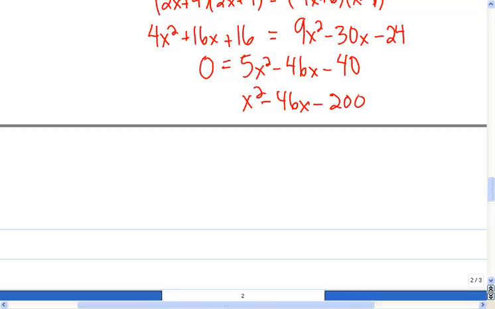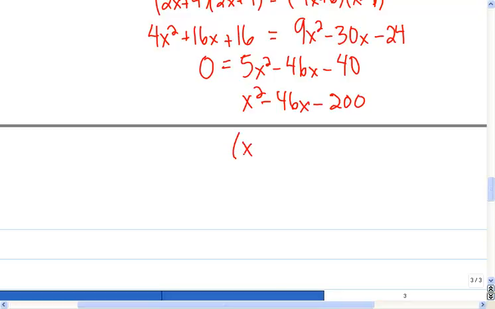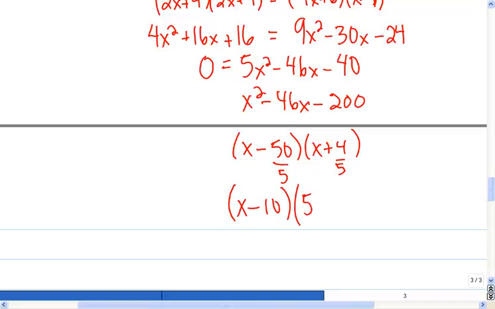And then this one would factor as x minus 50, x plus 4. So dividing by 5, I end up with x minus 10 and 5x plus 4. So x could be either 10 or negative 4/5.